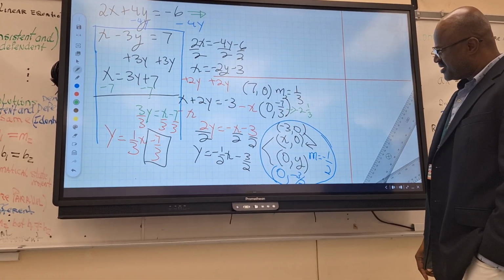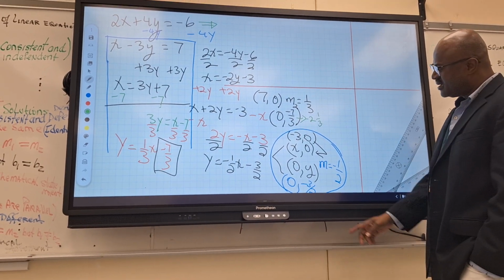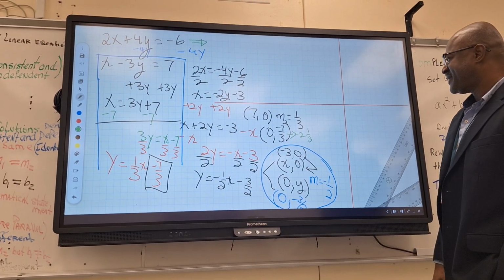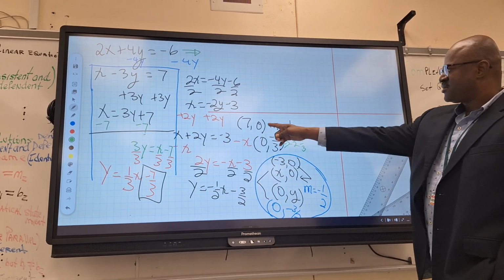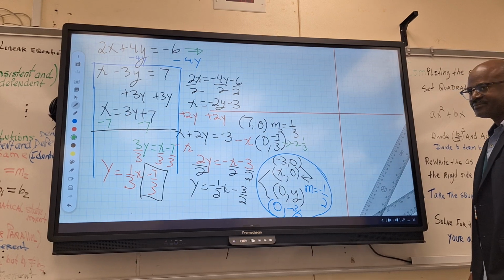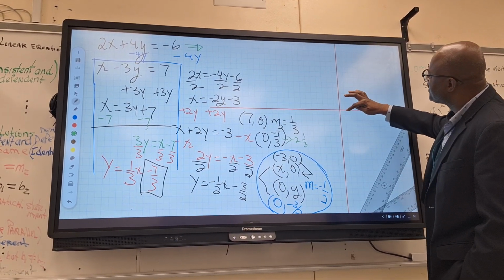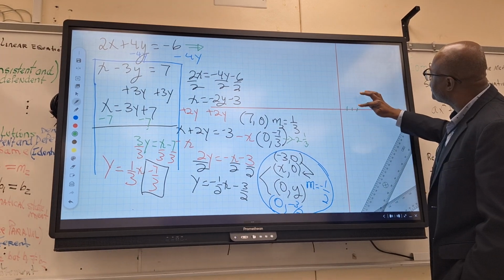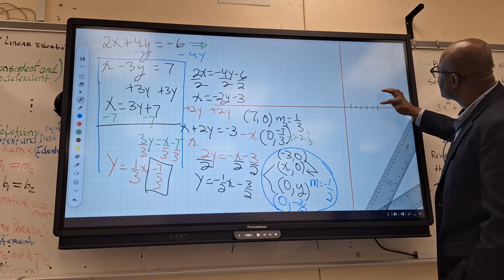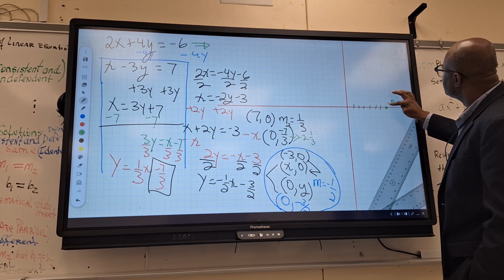Between -2 and -3, right? And this one is easy, right? So let's go with 7, 0. Which direction will you go? You go to the right. Count 7 units to the right. That will be 1, 2, 3, 4, 5, 6, 7. That's where this one goes. 7, 0.